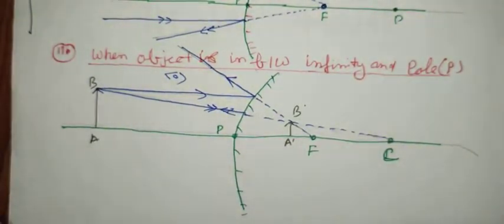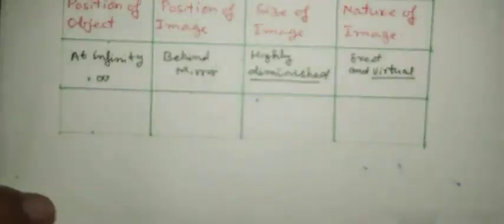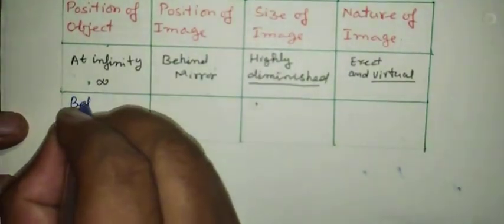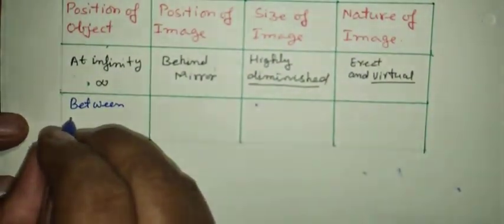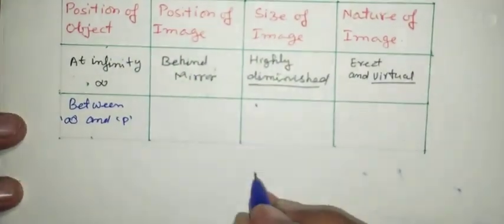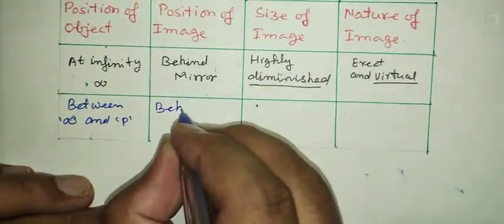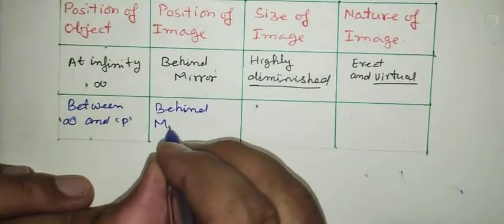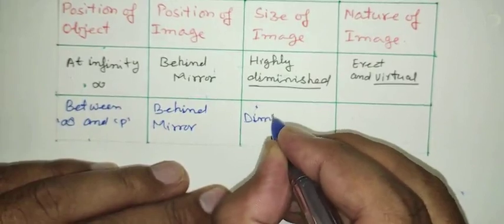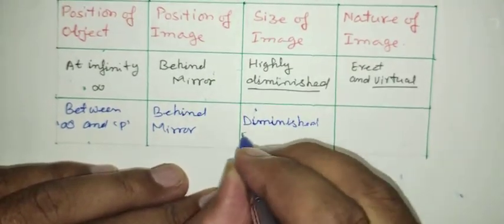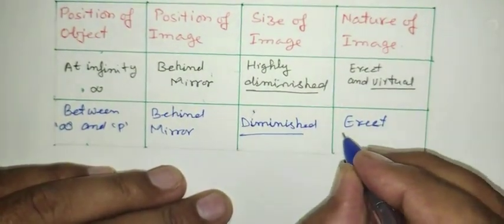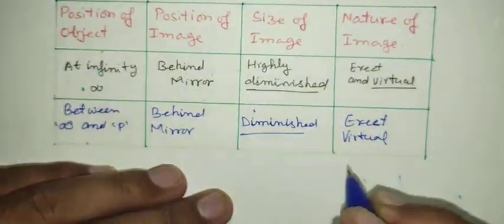So now it is time to fill this observation table. Position of object: between infinity and pole P. Image is behind the mirror, small in size, meaning diminished, erect and virtual.